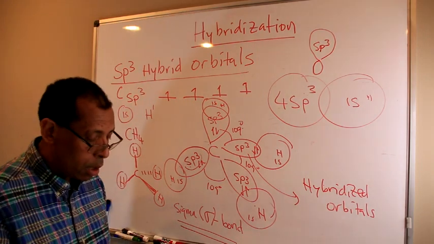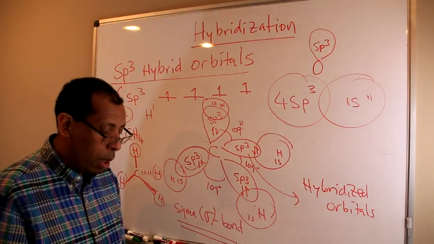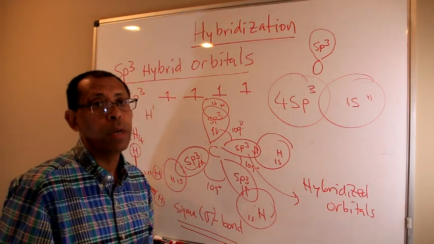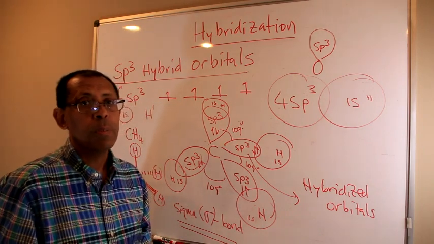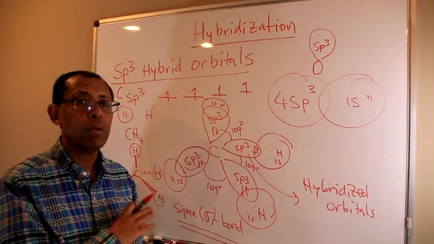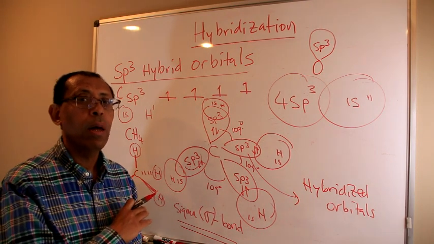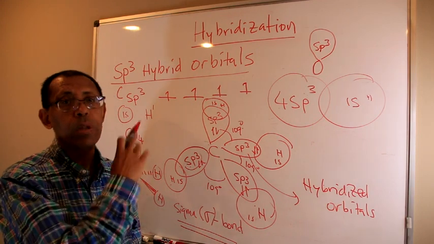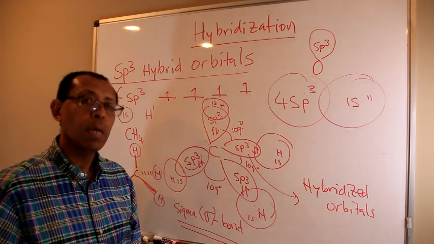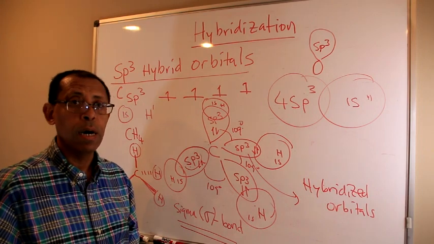Okay, in the next discussion, we will be looking at sp2 hybridized orbitals. The sp2 hybridized orbitals are made with 1 of the s orbitals of carbon and another 2 of the p orbitals in carbon.